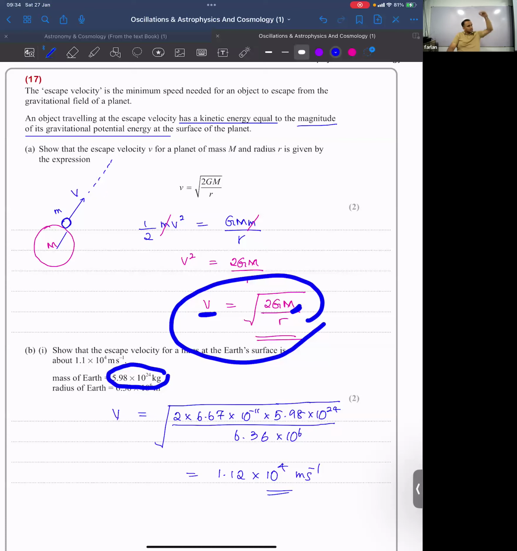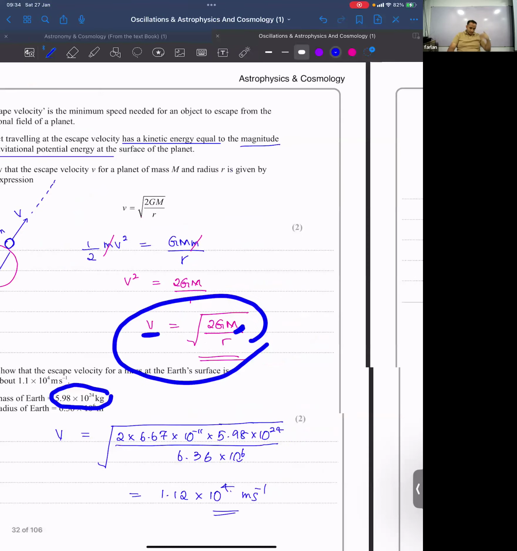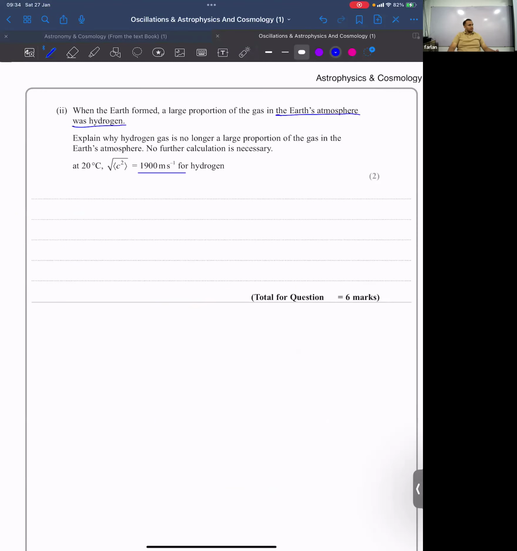At the very early stage, the mass would have been much, much lesser than this, so the escape velocity would also be less. It would have been less than 1,900 meters per second, which is the speed of the hydrogen atom they have given at 20 degrees Celsius. So hydrogen would have escaped from this Earth's atmosphere. Understood?